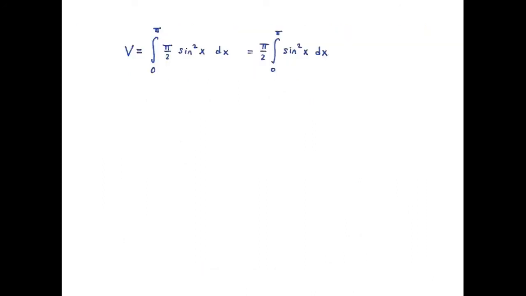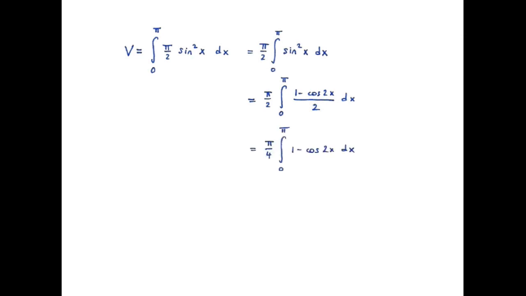If we go back to this position, the integral of sine squared x dx, how do we do that? We use a trigonometric identity that sine squared x is actually equal to 1 minus cosine of 2x over 2. You may have seen it in pre-calc, but maybe not.